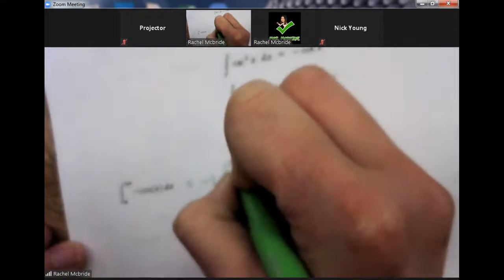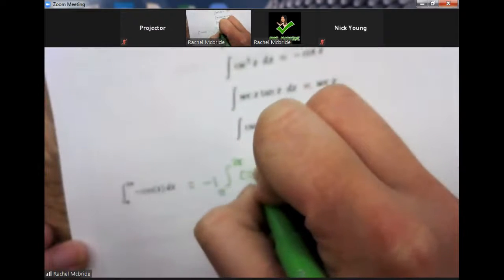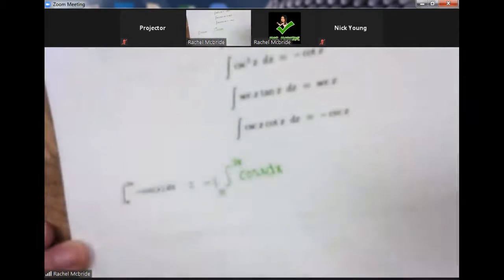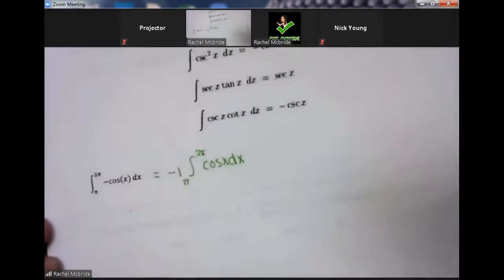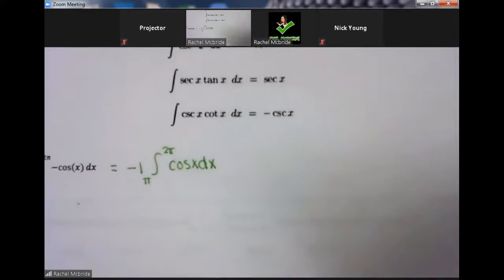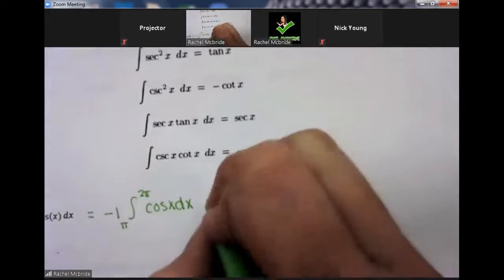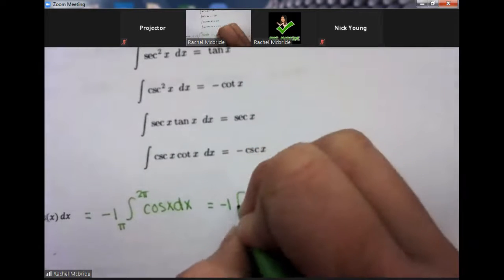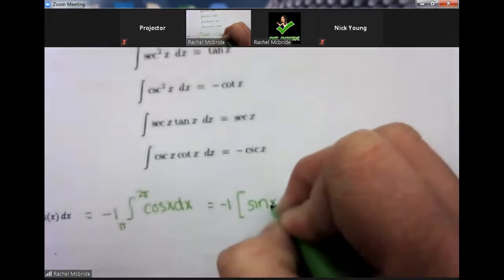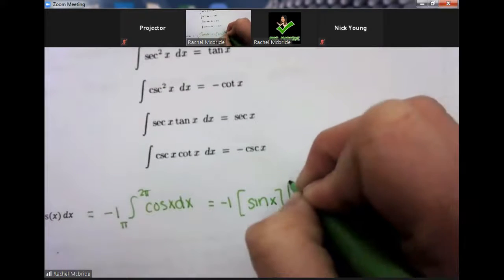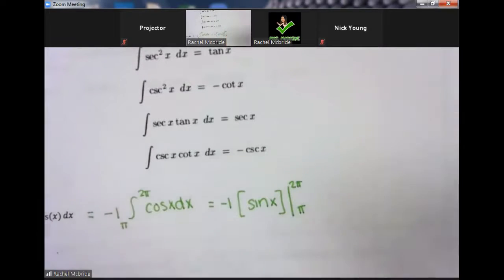So I have negative 1 times the integral from pi to 2 pi of cosine x dx. And then from there I'm going to find the antiderivative. The antiderivative of cosine is sine. So this becomes negative 1 sine x evaluated from 2 pi to pi.